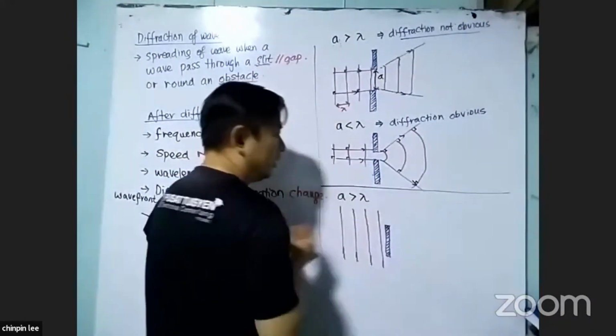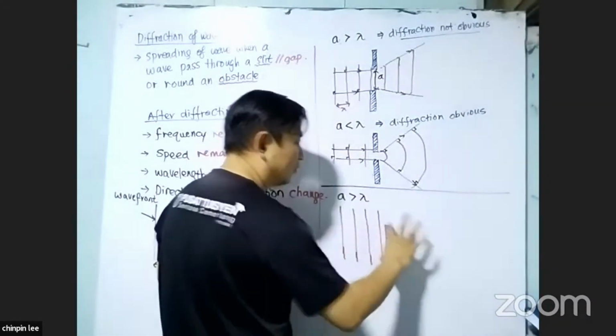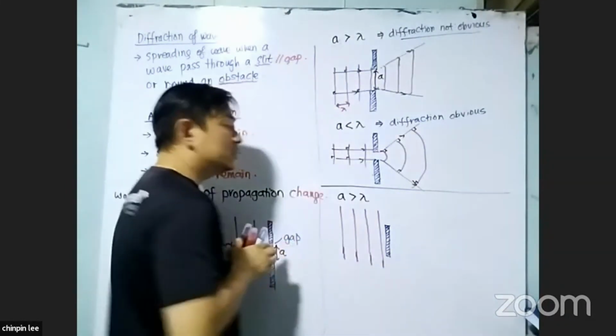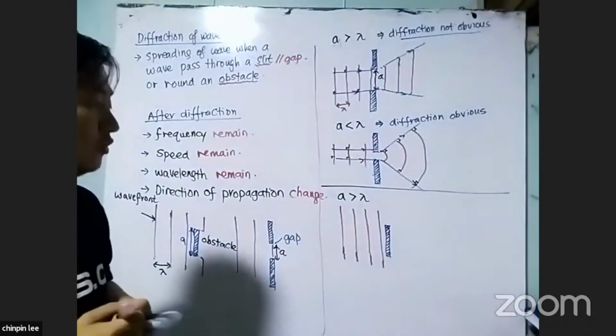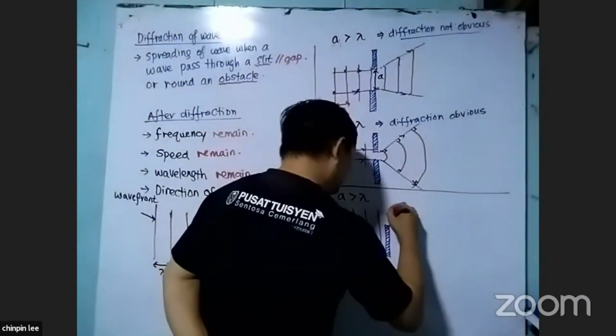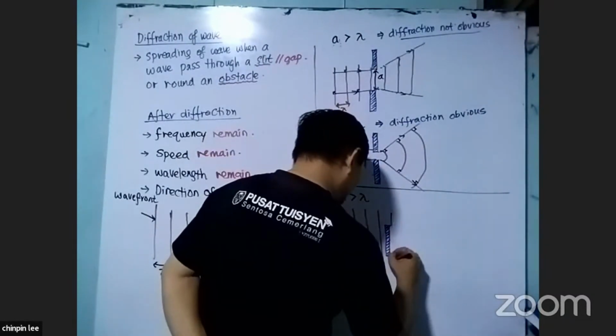When the wave comes to here, it passes through the obstacle, not a gap. This one is the obstacle. I want to see in the experiment what you will see. When the wave comes to here, it will bend a little bit at the edge here.